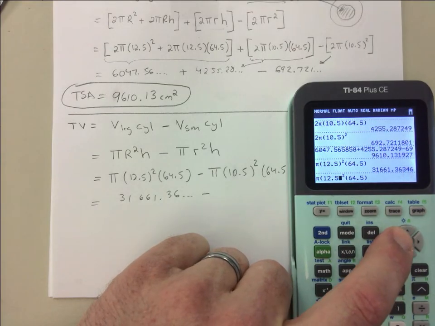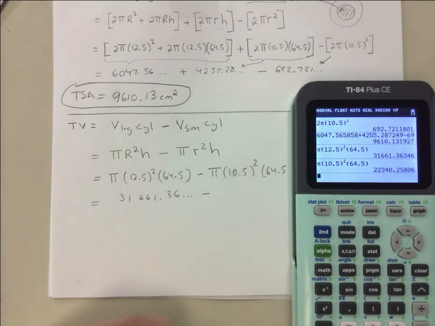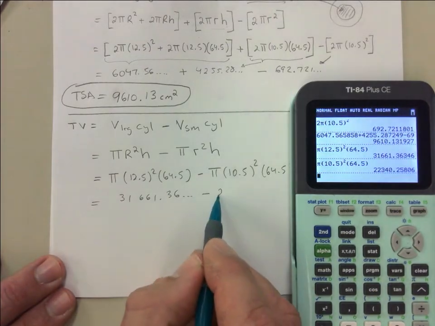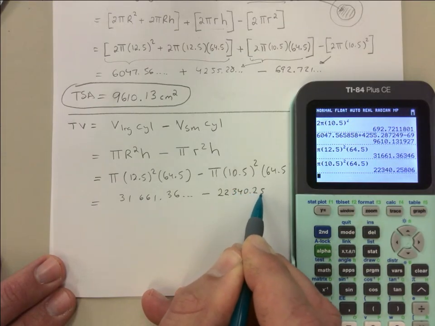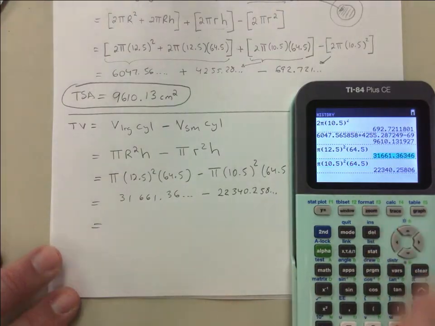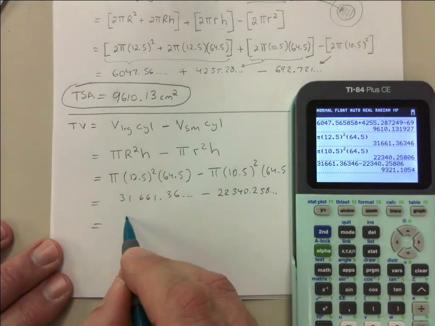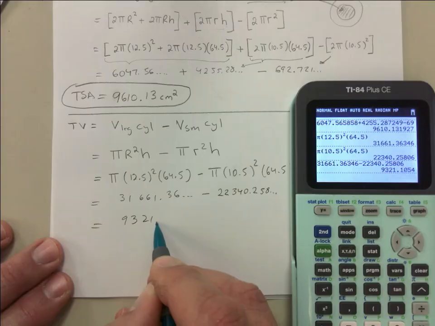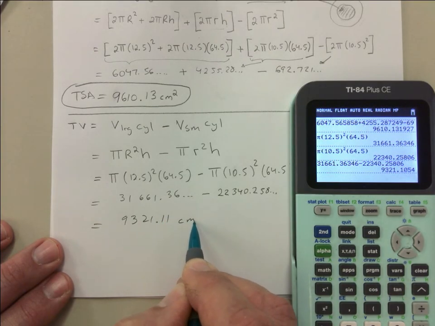Copy paste the work, just change the radius to 10.5, and then just subtract them. That one minus that one. This is centimeters cubed.